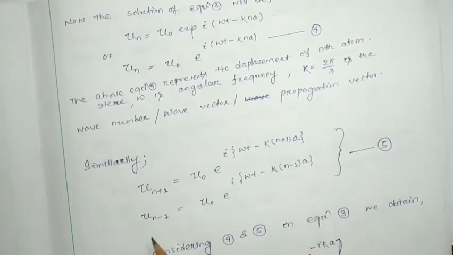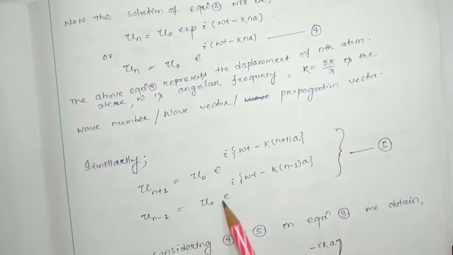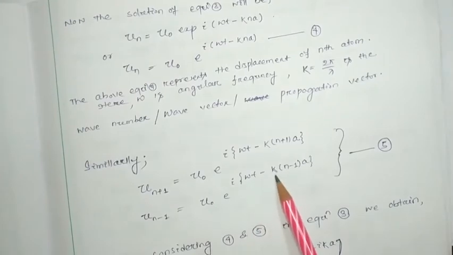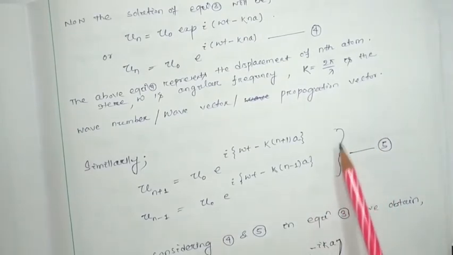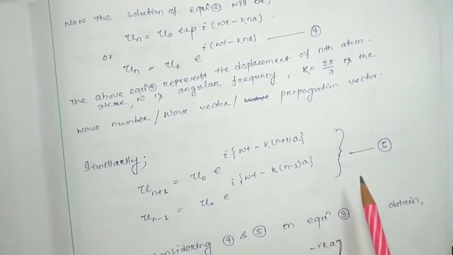Likewise for the n minus 1th atom the displacement will be un minus 1, equal to u0 e to the power i omega t minus k into n minus 1 into a. Here n plus 1 and n minus 1 are subscripts. Let these two equations be equation number 5.